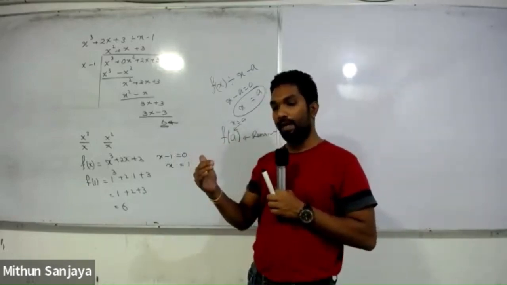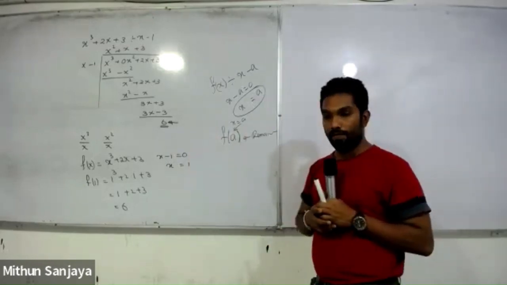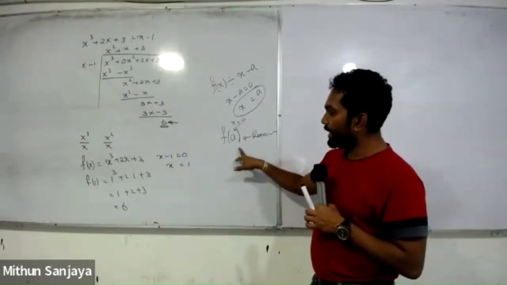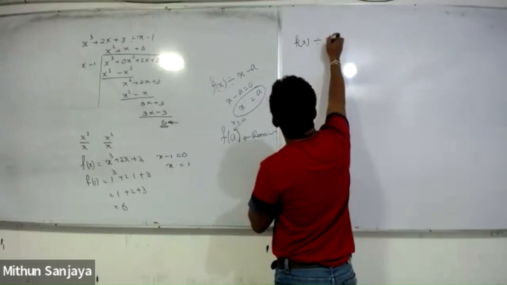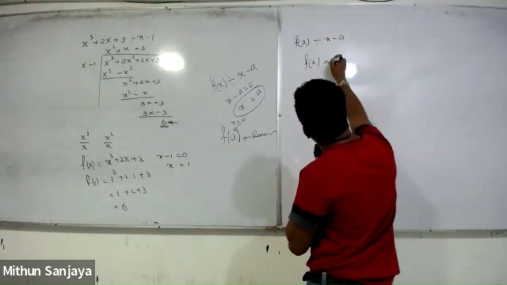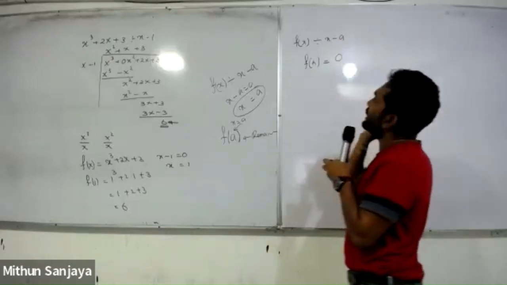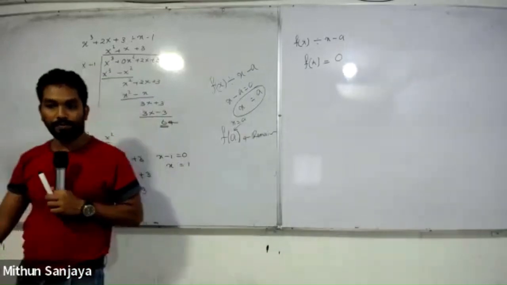If we divide by a factor, the remainder must be 0. Under the remainder theorem, if we have a function divided by x minus a, then f(a) is the remainder. If that remainder is 0, we can say x minus a is a factor.